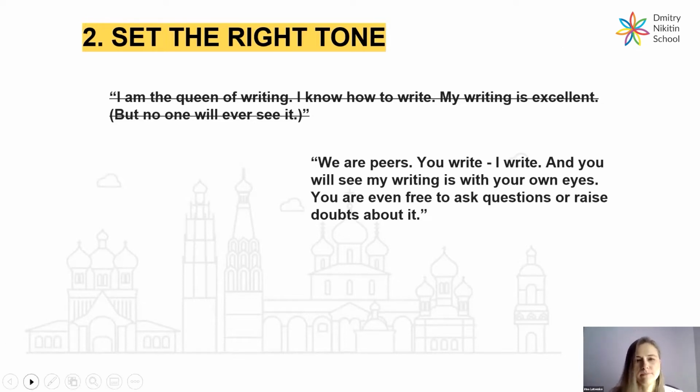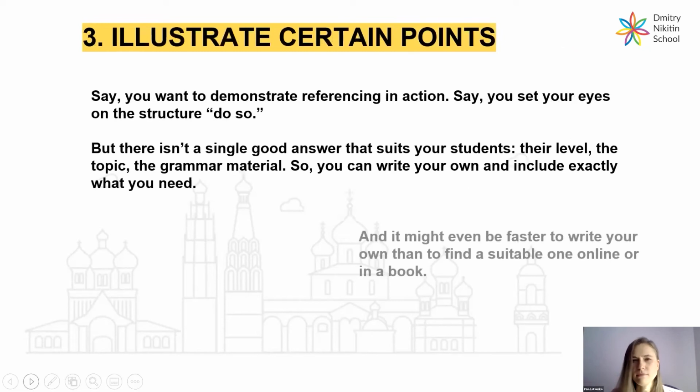The next reason is, when you write your own model answer, you can actually illustrate a specific point you want. Now, let's say you want to demonstrate referencing in action. Let's say you want to demonstrate, I'm a huge fan of this structure, do so. Do so is a very advanced referencing structure, but it rarely emerges in course books.